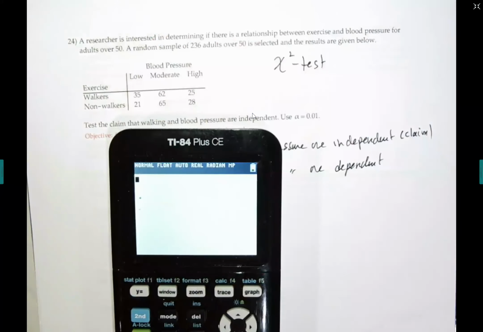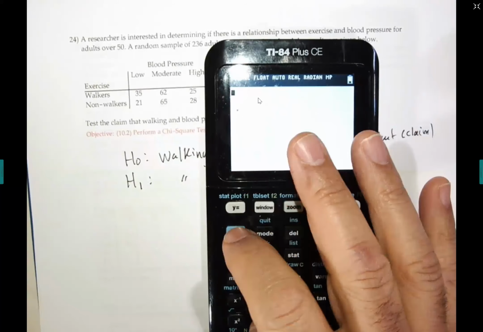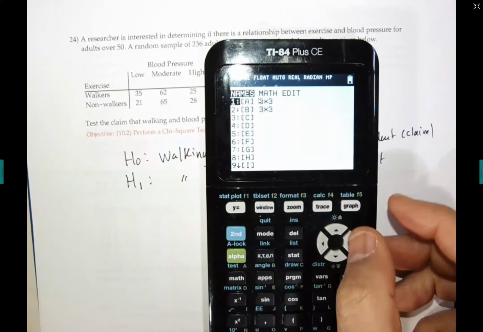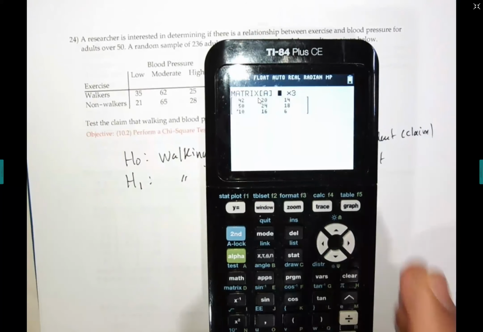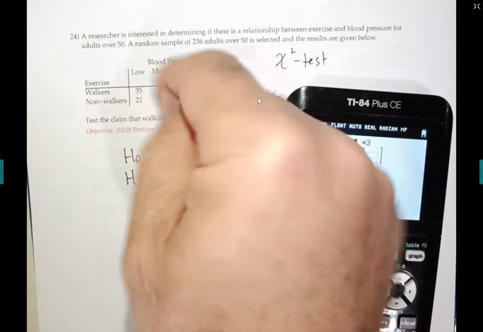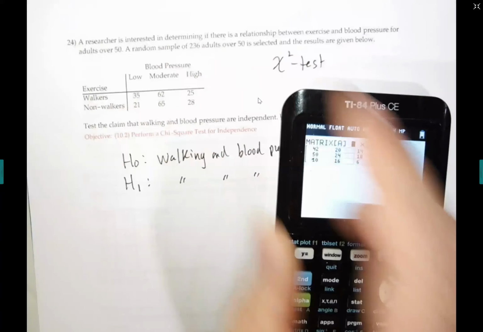You press second, watch me, and you press X inverse. Then you go to edit right away and press enter. Okay, now we need to figure out how many rows and how many columns we have. I have 2 rows of data and 3 columns of data. So it's 2 by 3.